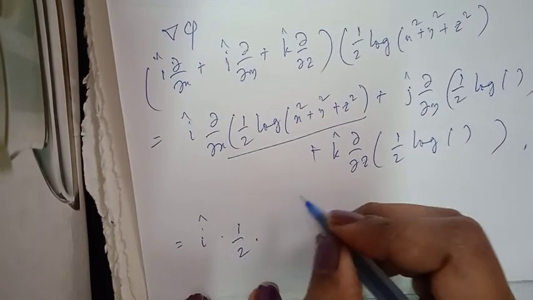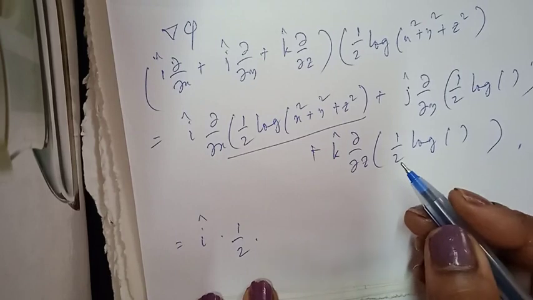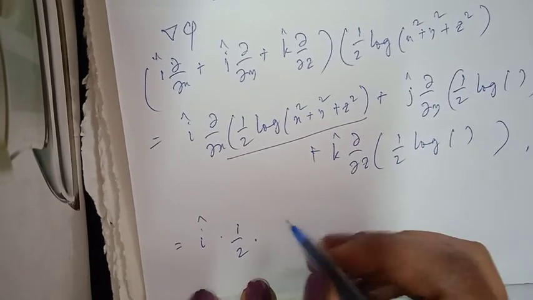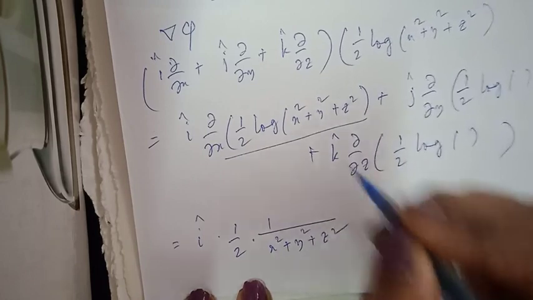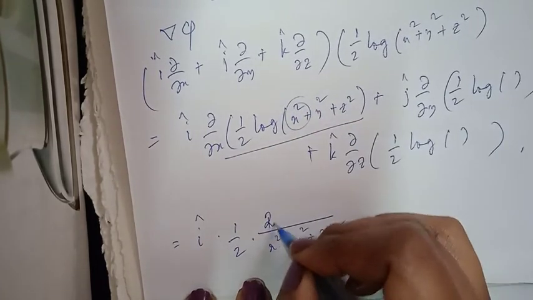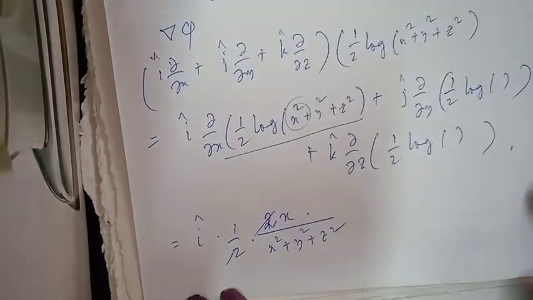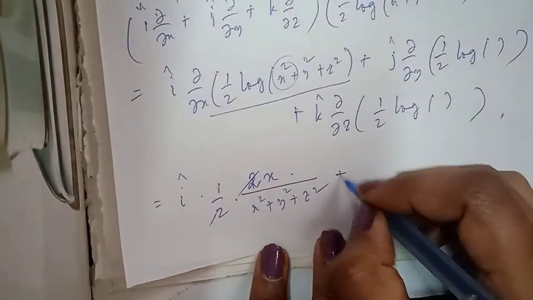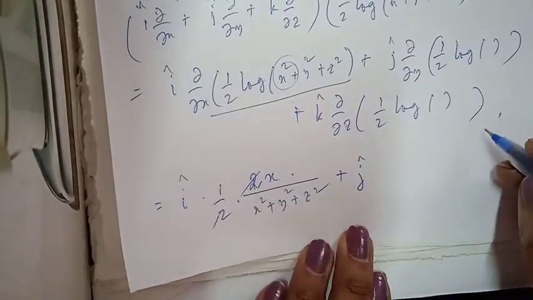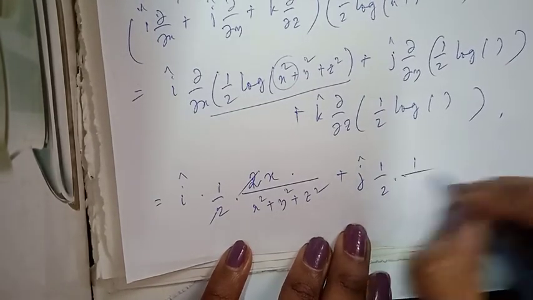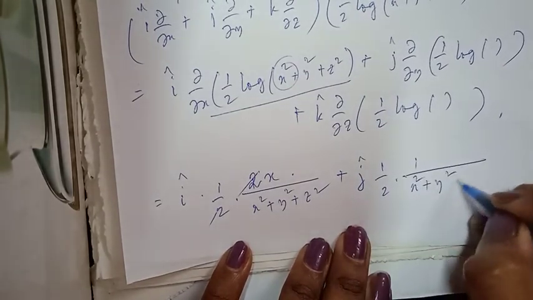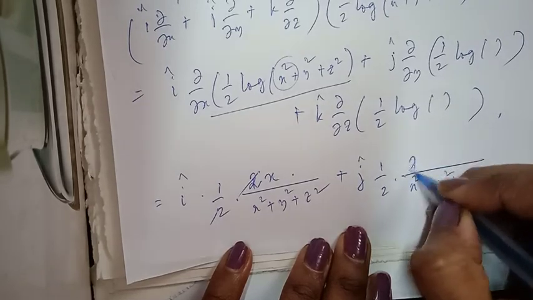Half of derivative, it will be 1 by x square plus y square plus z square, and then x part's derivative, which is 2x. So you will get this thing. Next, from the next part, j cap into half of 1 by x square plus y square plus z square into 2y.